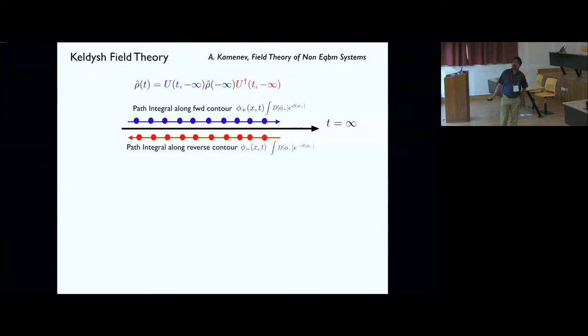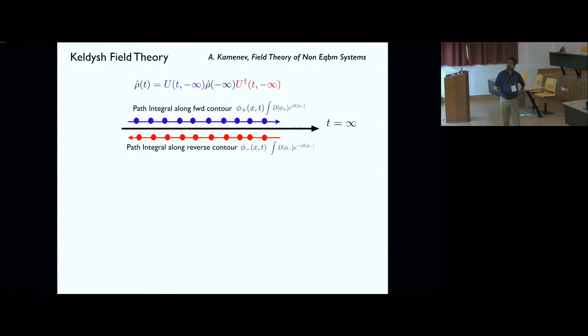Okay, so just to start with the basic Keldysh field theory, what I'm talking about is mostly there in textbooks. You start with a density matrix and its time evolution. And then you realize that you have two things, U, which is the time evolution, and then you have a U dagger here, each of which you can, of course, write in terms of a path integral.